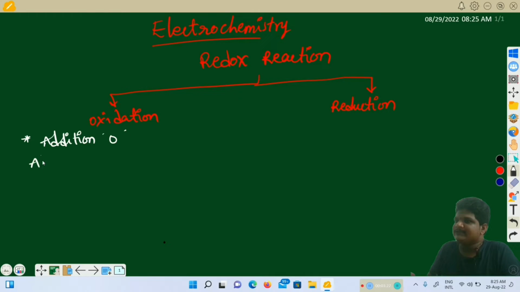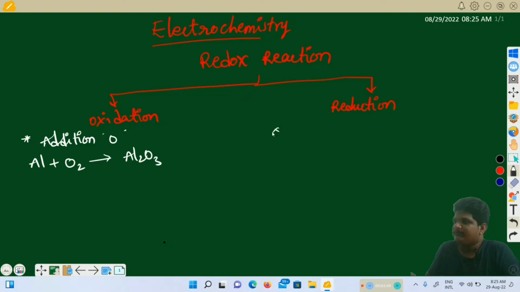For example, if you take aluminium and add oxygen to it, we get aluminium oxide, Al2O3. There is addition of oxygen, so it is an oxidation reaction.